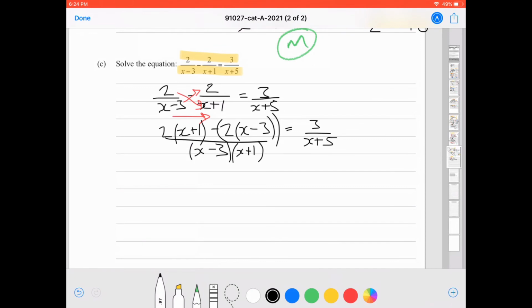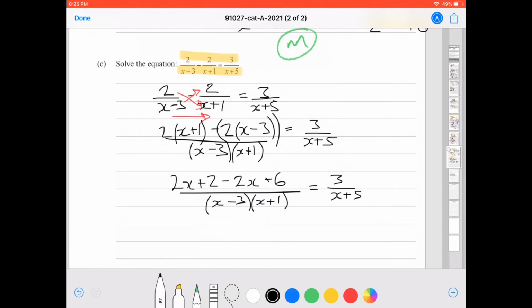Okay, expanding our brackets, we've got 2x plus 2 minus 2x, and then minus 2 times minus 3 is positive 6, and this is all over x minus 3 and x plus 1, and we could actually expand our denominator, and we probably should have. That's alright. 3 over x plus 5.